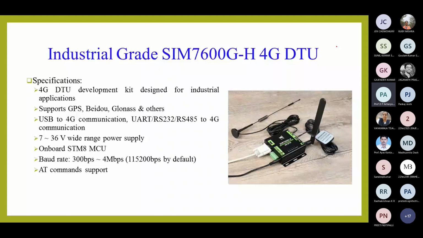Then there is a difference between industrial grade and normal things. What is the difference? Like sensors, we have basic sensors and industrial grade sensors. Similarly, communication protocol modules are also normal modules and industrial modules. In industrial grade, they have to abide by certain standards.